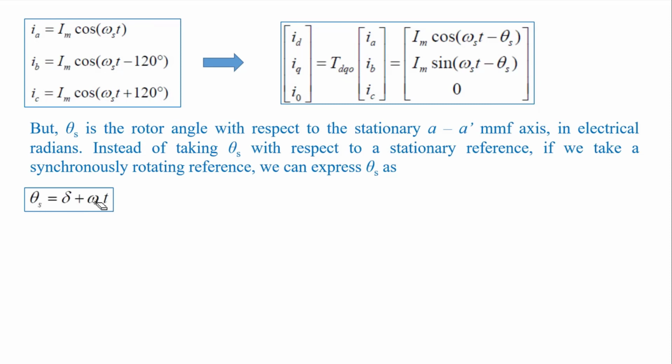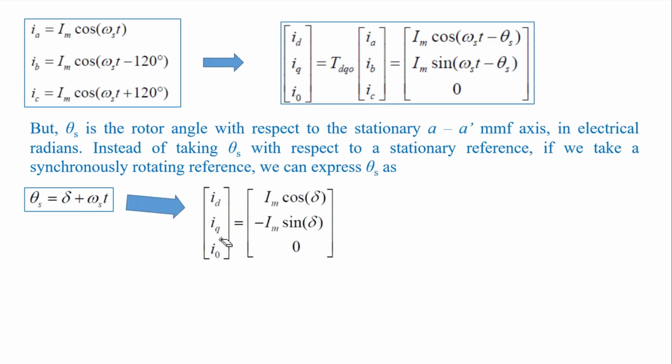So this theta s, if we take it as delta plus omega s t, considering a synchronously rotating reference rotating at the synchronous speed omega s, then I can write theta s equal to delta plus omega s t. By substituting it, I find time invariant quantities for ID and IQ, that is, ID equal to Im cos delta and IQ equal to minus Im sin delta.